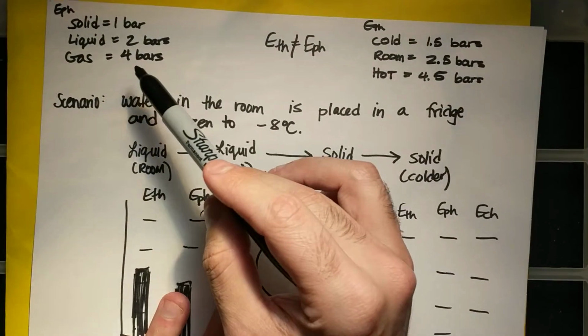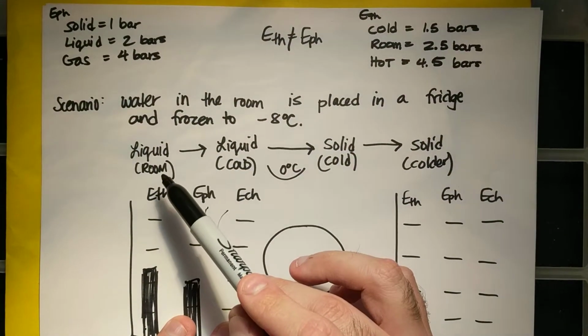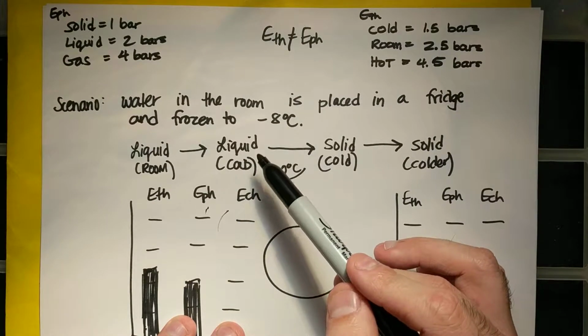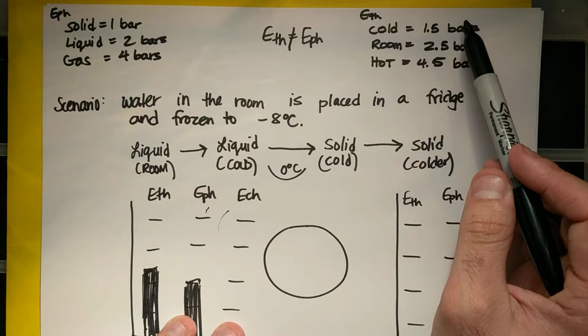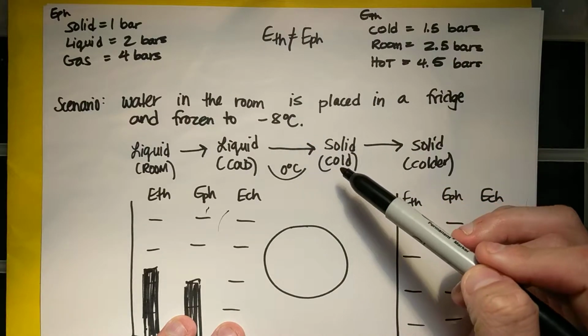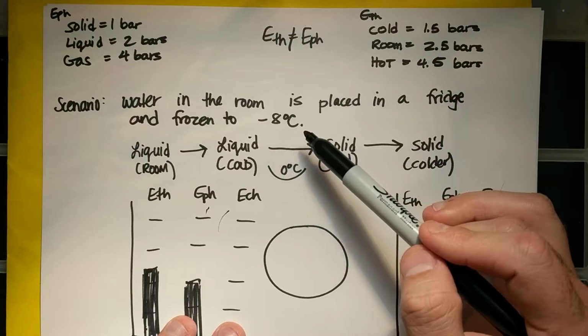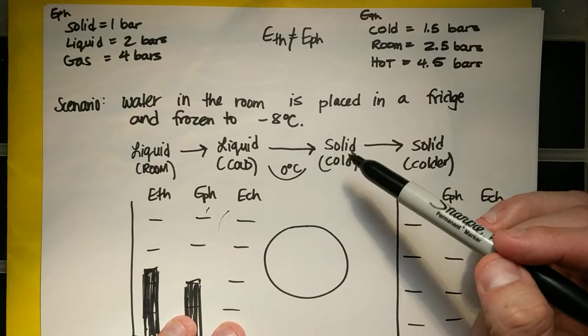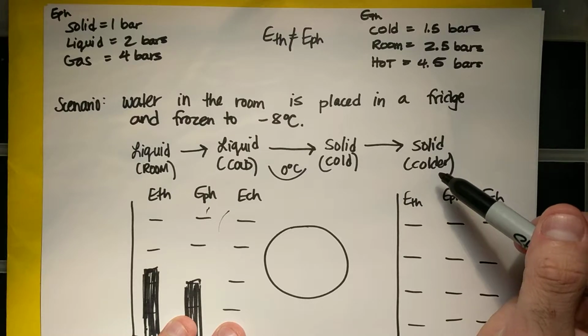So liquid to a solid means I'm going from 2 bars to 1 bar. And room temperature liquid to cold liquid means I'm going from 2.5 bars to 1.5 bars. And then I'm going from cold solid, which again, freezing point of water is 0 degrees Celsius, to even colder solid.